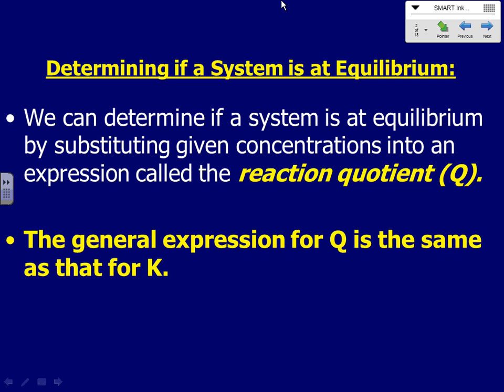And then we compare that number, we call it Q, to the value of K. So we're going to calculate something called a reaction quotient. All I've written down here is, is it at equilibrium? I'm going to fill it out in a moment.